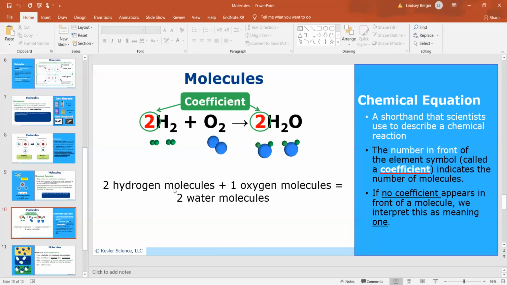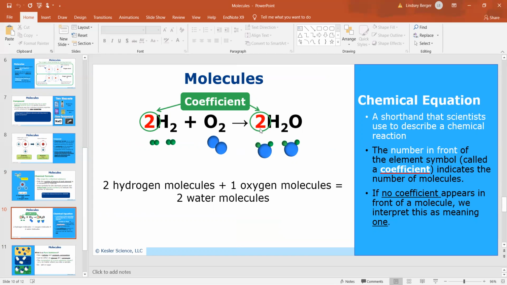We need more water molecules. So we can use coefficients, which are numbers that go on the outside. They're written like regular numbers. They're bigger, so you can see the difference in the sizes here. We've got a subscript, we've got a coefficient here, and this tells us how many of these particular sets we're putting together with this set so that in the end we get 2 water molecules.